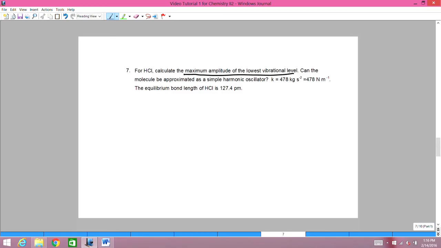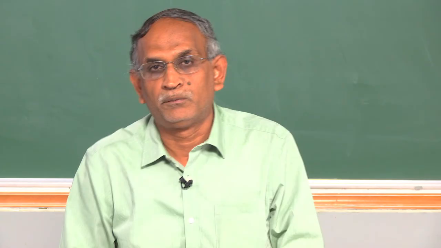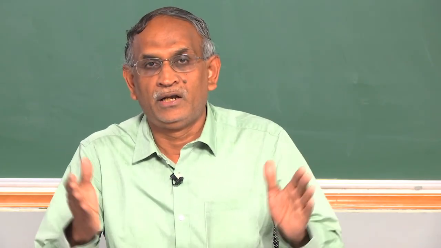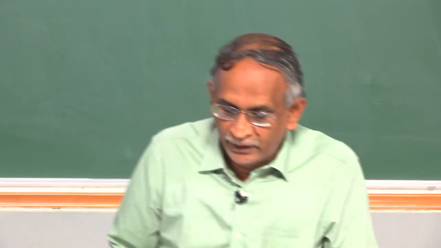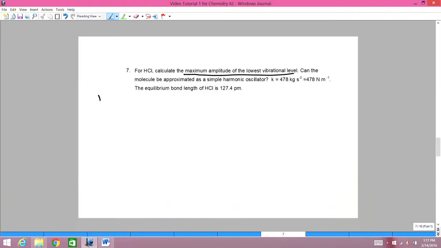What is meant by the maximum amplitude of the lowest vibrational level? What it means is that if the entire energy of the harmonic oscillator is vibrational potential energy and it is equal to half k x maximum square. Please remember, if you do a classical model, if this is the energy, these are called the turning points in the classical model corresponding to the maximum amplitude of vibration, where the potential energy is equal to the total energy.